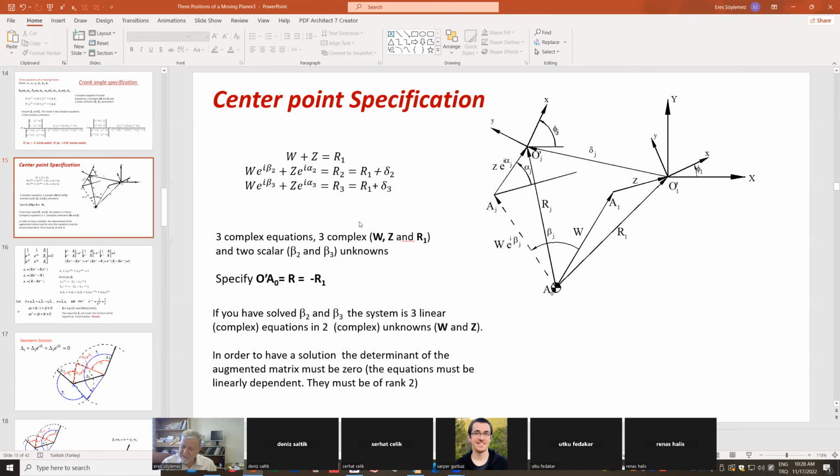But unlike the tangent angle specification, these equations are not linear with respect to beta 2, beta 3. It is e to the power beta 2, e to the power beta 3. Can everyone see that? It is not a linear function. Although these equations are linear in terms of W and Z, it is not linear in terms of beta 2 and beta 3.